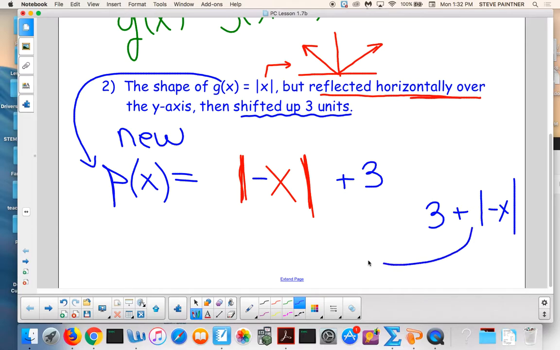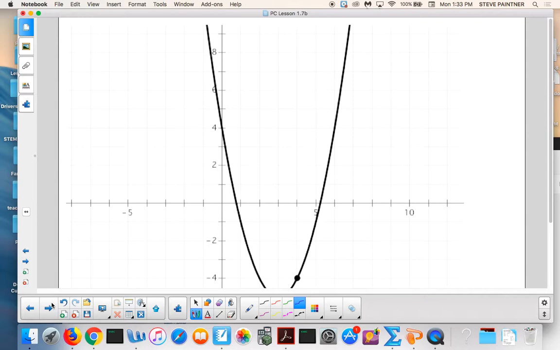Because this is really this. You have to say, no, that's my parent going up 3. And some students will say, oh, that's 3 in front, that's a vertical stretch. No, it would have to be what? Wouldn't it have to be times? Yeah, okay. Personally, I wouldn't write it like that, although it's right. Okay? All right.